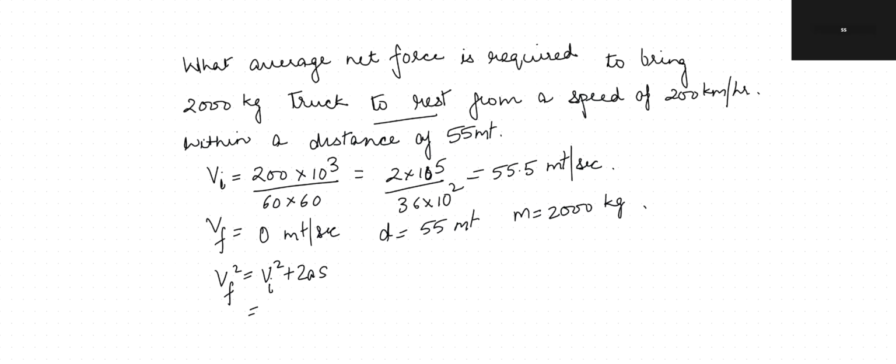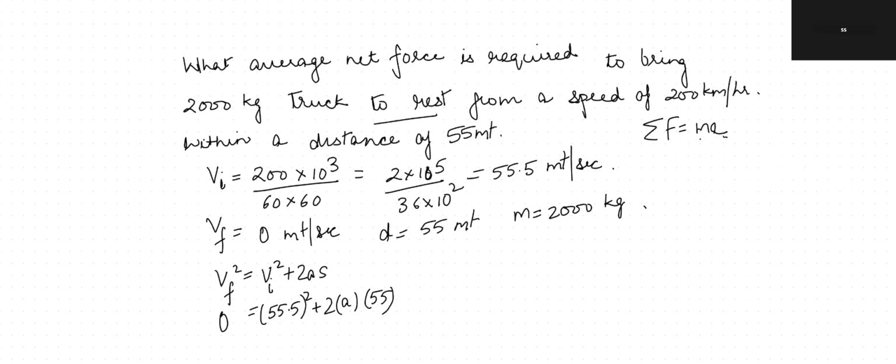So here is the constant acceleration. So this equation we are using to get a, because you know the equation of F, the force which we are trying to find out, is ma. So we know m, but we don't know a. So to find the acceleration, we'll use this equation. Final velocity is 0, initial was 55.5, plus 2a, we do not know, and s is 55.